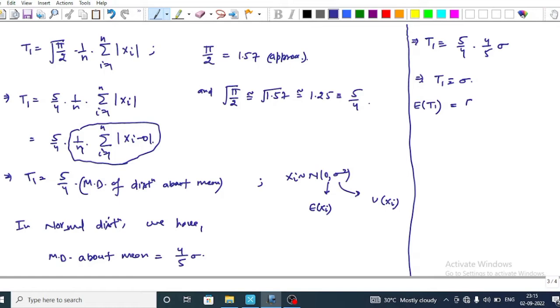Now we find firstly expectation of T1. This is equals to expectation of sigma. As we know that expectation of constant is constant, and variance of T1 is equivalent to variance of sigma. As we know that variance of constant is 0.